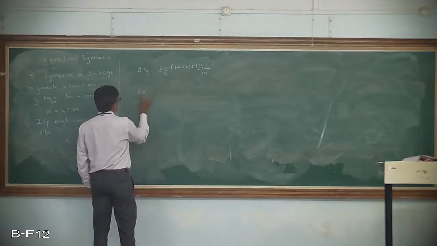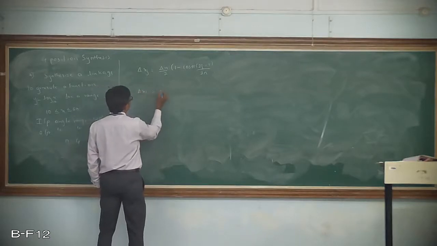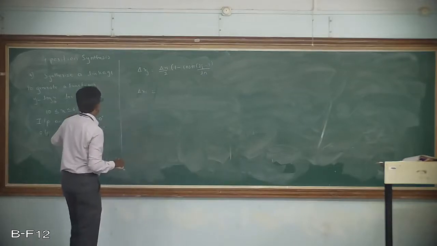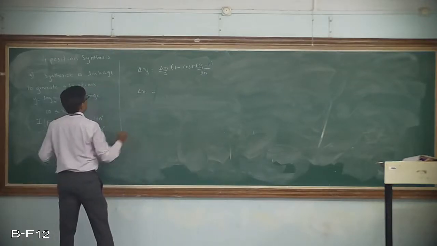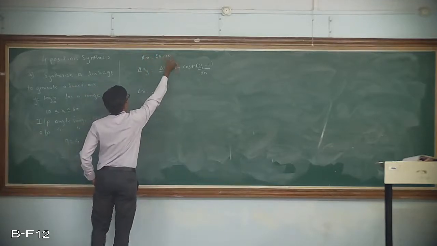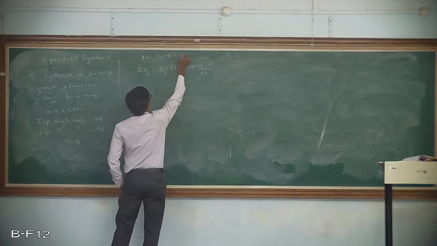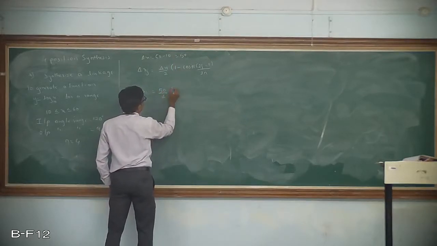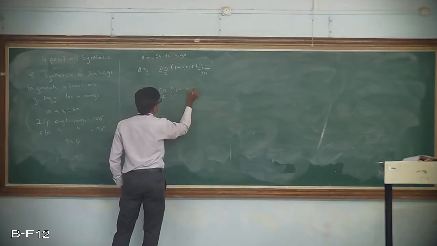So delta x1 will be equal to, delta x is 60 minus 10, which will be equal to 50. So 50 divided by 2 into 1 minus cos pi.